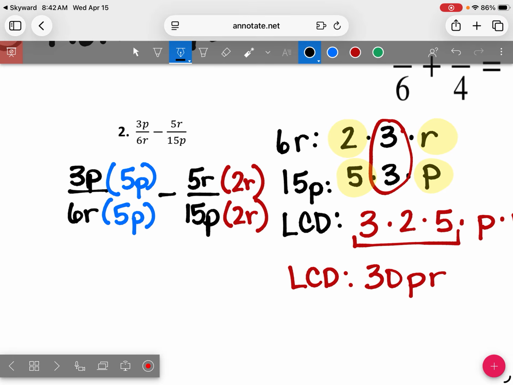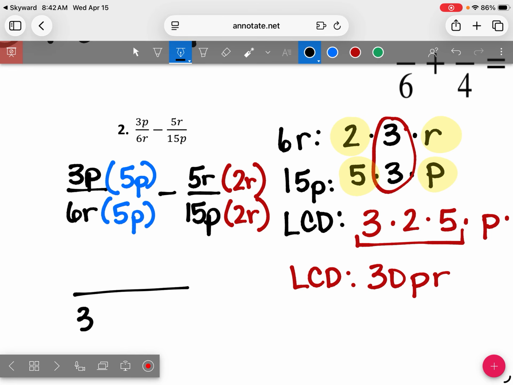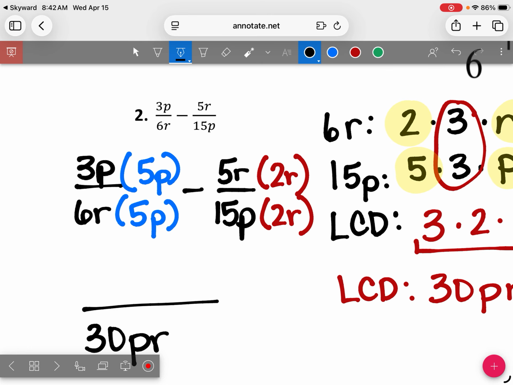So my final answer, you go ahead and figure out what that would be. You're going to multiply this together and then minus whatever that is. So you finish it out from there. Multiply 3P times 5P. Bring down your subtraction sign. And multiply 5R times 2R. And it's all over 30PR.